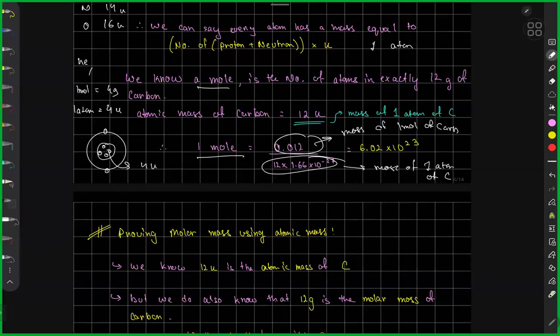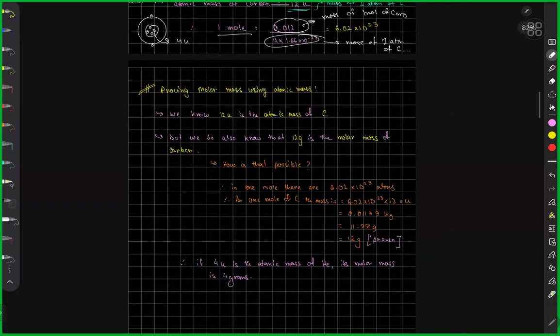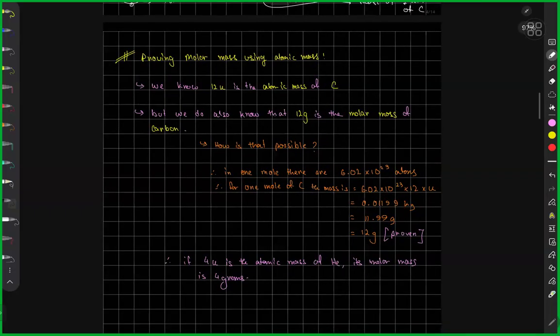This is how we get Avogadro's constant. Can you do the same thing with helium, nitrogen, oxygen, all other elements? Yes, you can. You just change the 12U to, let's say, 14U, 16U, whatever element you're working with, you take their mass number and work with that. So that's the proof of Avogadro's constant. Hopefully, we understand the calculation.